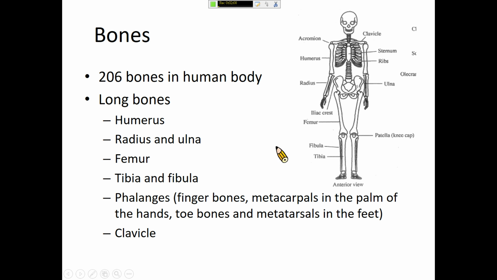Let's first look at the bones. Mainly we will be looking at the bones and the muscles. Everybody has exactly 206 bones.